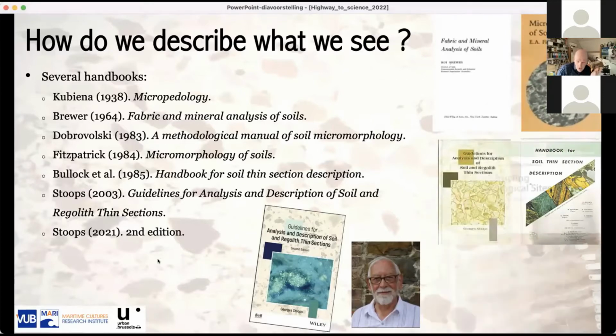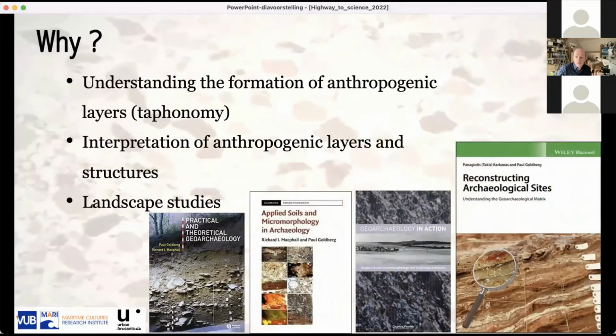But of course, our aim is not to describe, or not only to describe what we see. The purpose of micromorphological research in archaeology is to come to an understanding of things we cannot understand based on our field observations. And micromorphology has been applied to a series of problematics.